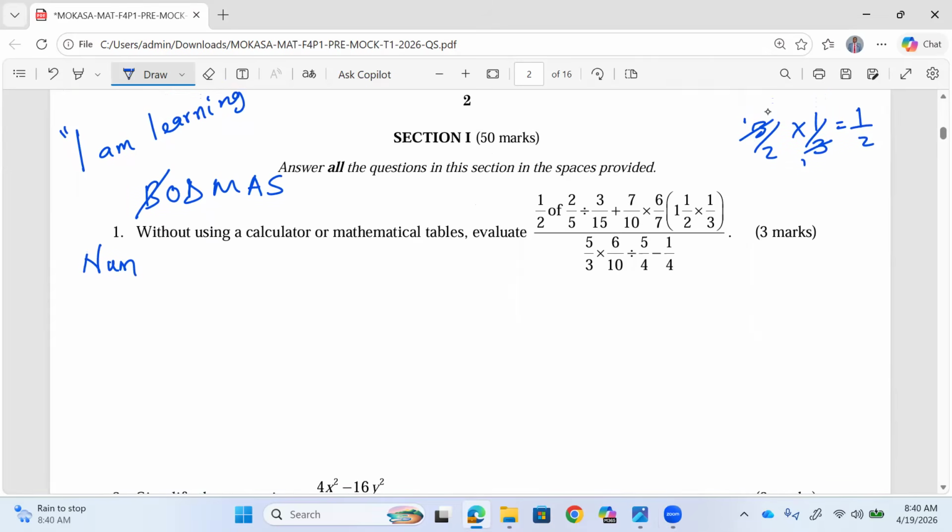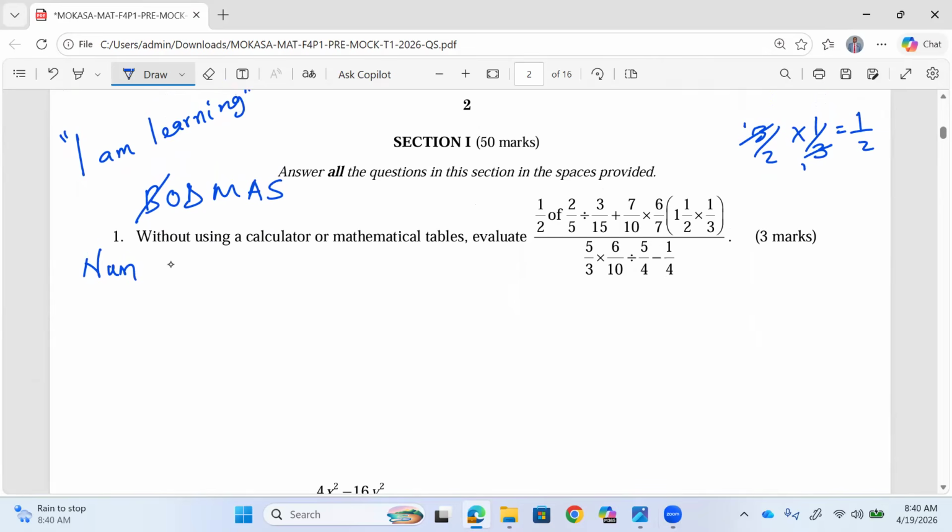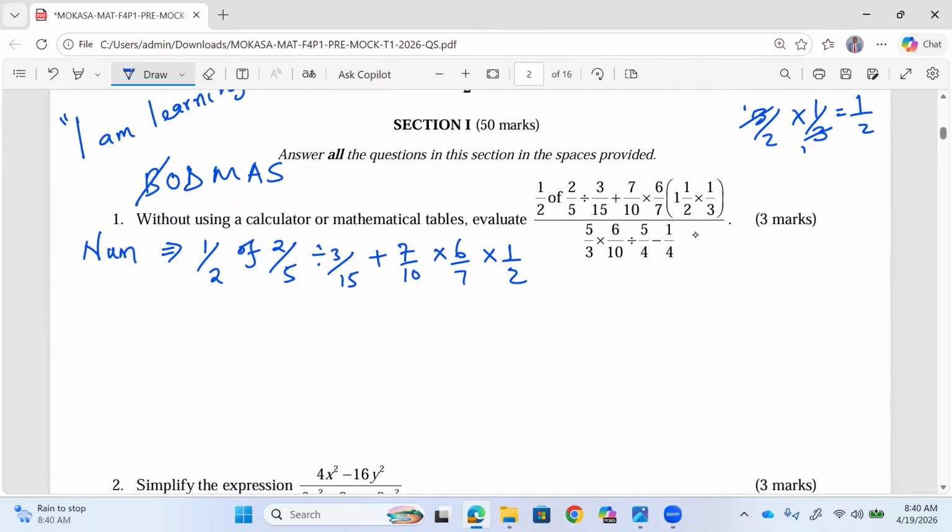So now we can write our expression as half of 2/5 divided by 3/15, then this plus 7/10 multiplied by 6/7 multiplied by half, because inside the brackets we've already worked out.